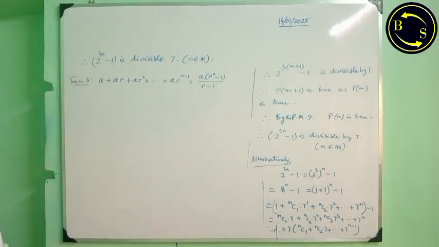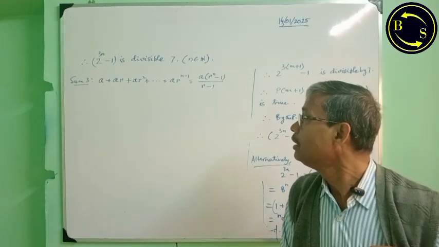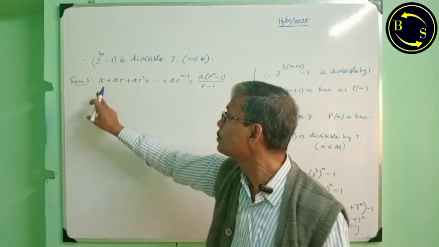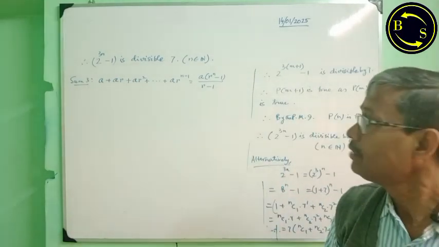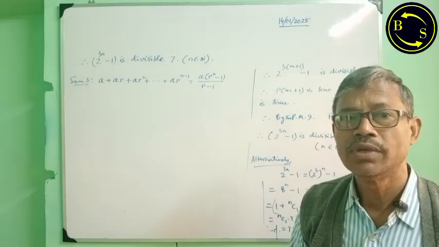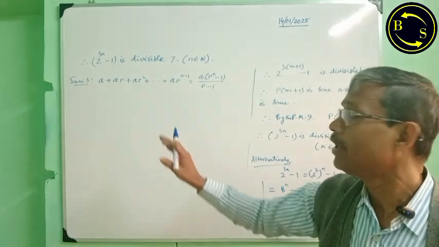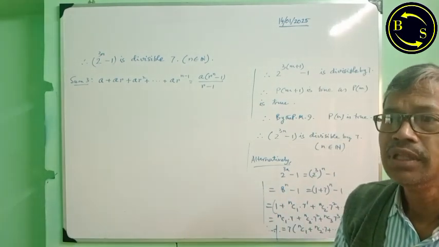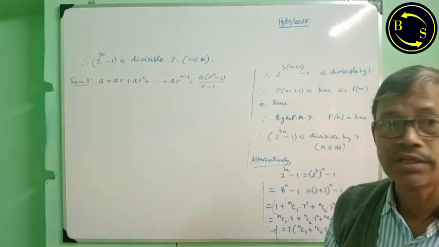This is actually the sum of first n numbers which are in GP, starting with the first term A and common ratio R. I have not discussed series and sequence yet. Later on I shall discuss. You will find this, and this result or this formula can be proved easily with the help of mathematical induction.